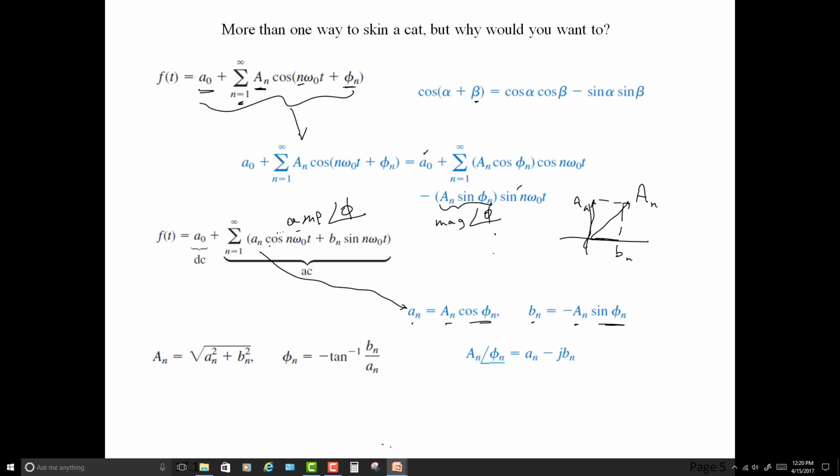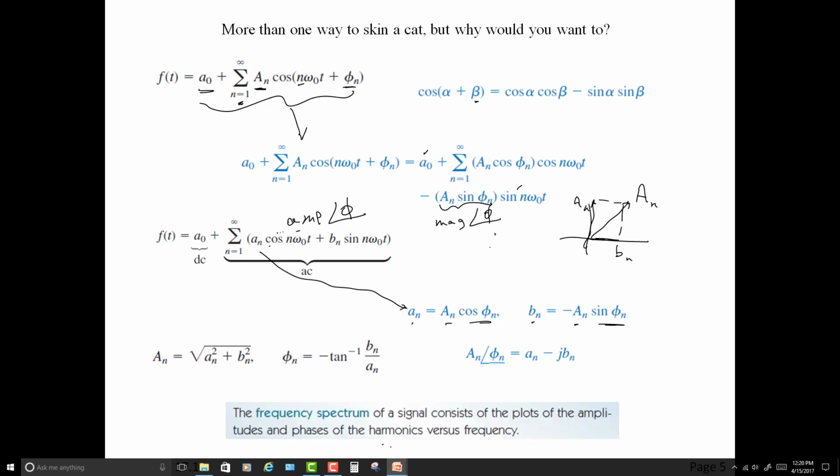All right. So the frequency spectrum of a signal then consists of the plots of the amplitudes and phases of the harmonics versus frequency. Simple statement, obvious statement, but it needs to be made because people often talk about frequency spectrum. And the important thing that commonly gets lost in that discussion is that they're harmonics, right?